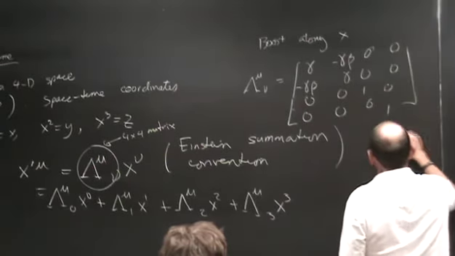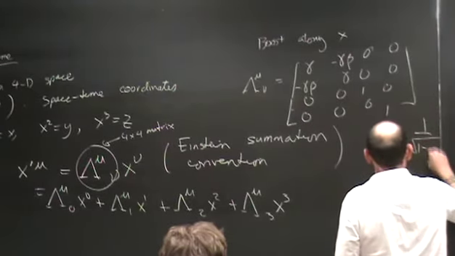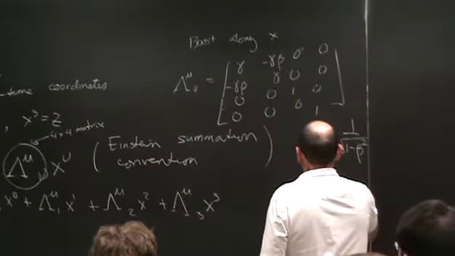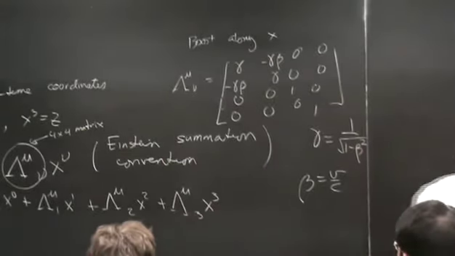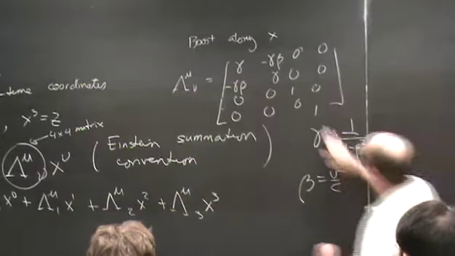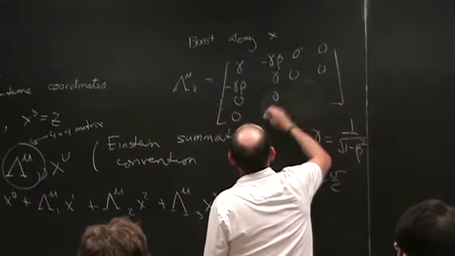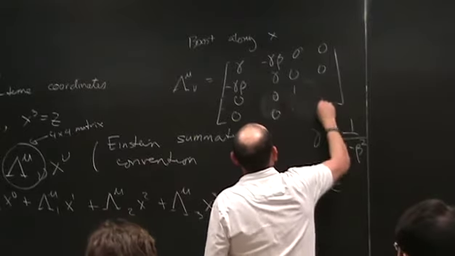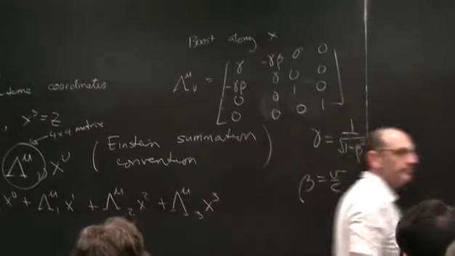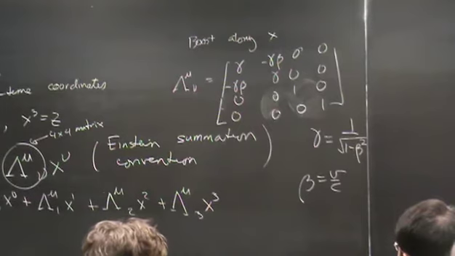Where gamma is 1 over the square root of 1 minus beta squared, and beta is v over c. Okay. So we have a Lorentz transformation.